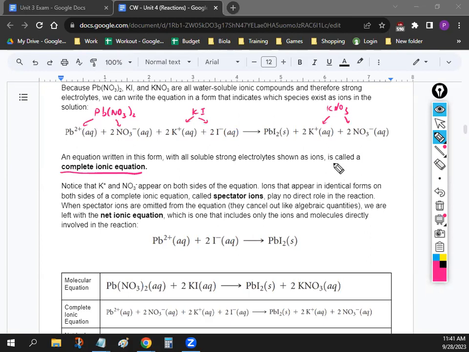There is one thing I do want to mention: if something is a solid, if something is a precipitate, you do not split it up in a complete ionic equation. You don't split up the solids.